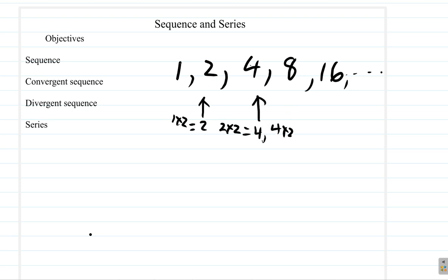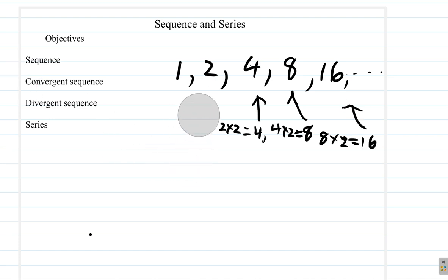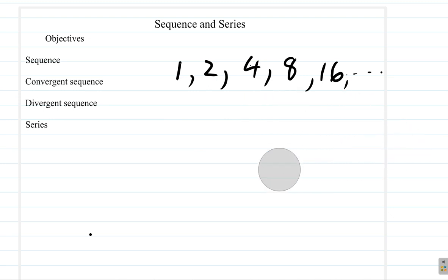This 4 times 2 gives you 8. This 8 times 2 gives you 16, and so on and so forth. So if you should make up a general rule for this, you would say the term in a certain position is equal to 2 times the term in the previous position, call it P minus 1.